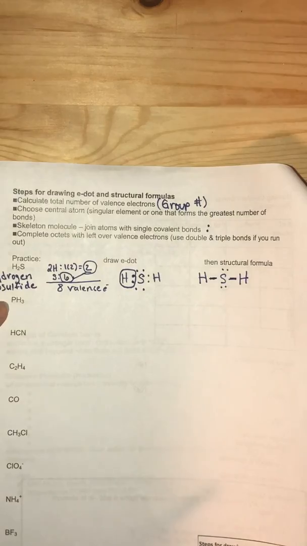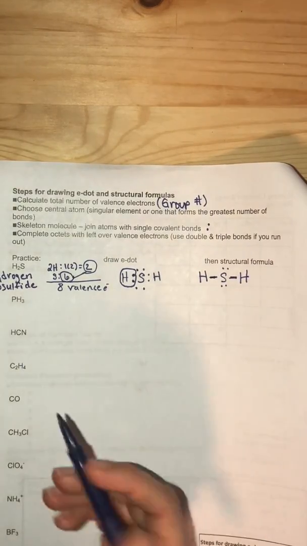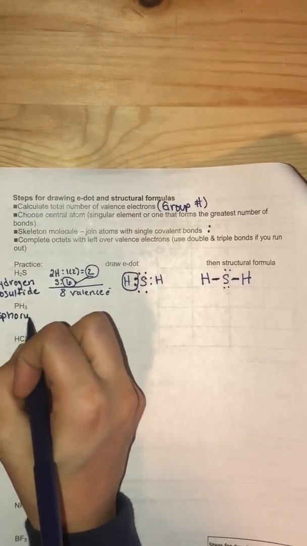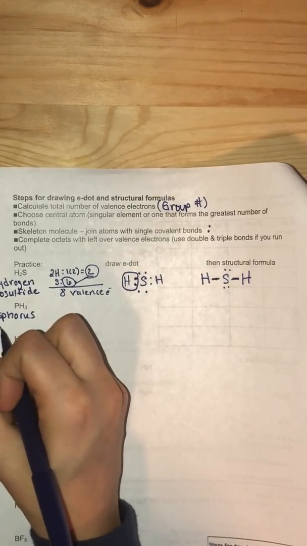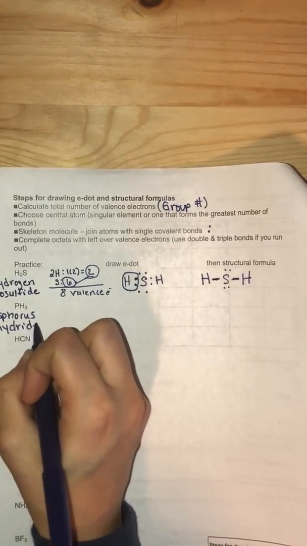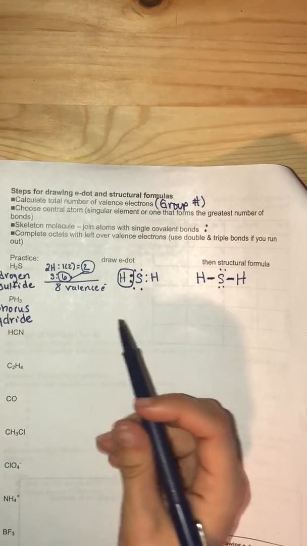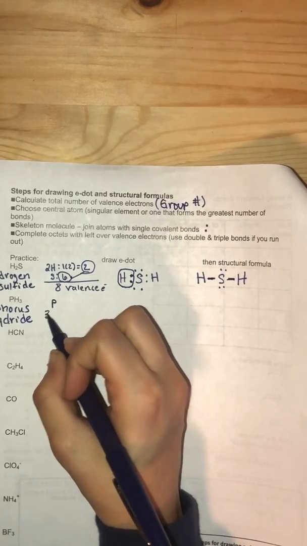Next one we have phosphorus and hydrogen. Okay, this is PH3, so the name for this would be phosphorus, because there's 3, and then this is hydrogen, so trihydride. Okay, the next thing we need to do is calculate the number of valence electrons that are here. So we have a phosphorus and 3 hydrogens.